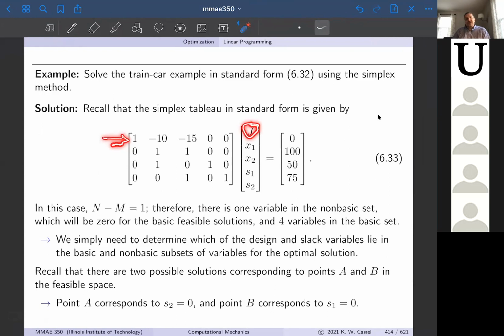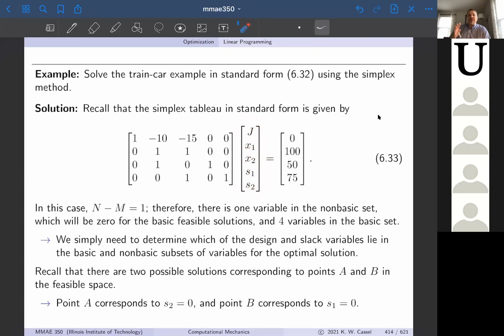Now in the simplex tableau, J is always non-zero. J will never be 0. So in terms of the number of variables in the basic set and non-basic set, it's only going to be one or more of these variables, not including J. However, if you write it in this form, there are 1, 2, 3, 4, 5 unknowns rather than 4.